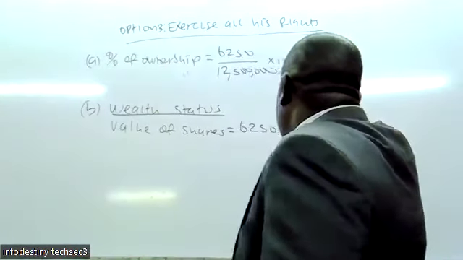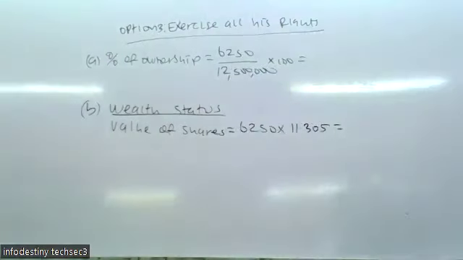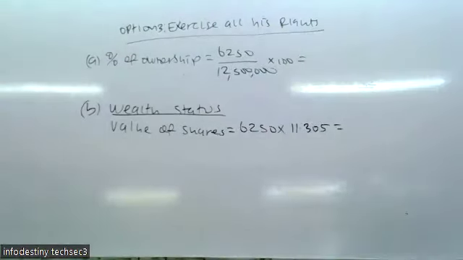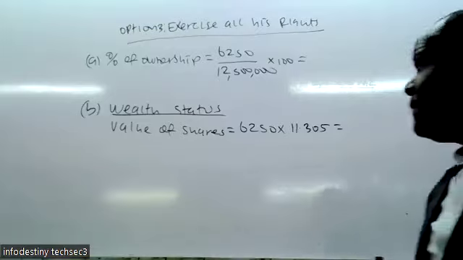So you multiply by 11.305. After the right issue, all shares will be valued at the theoretical ex-right price.